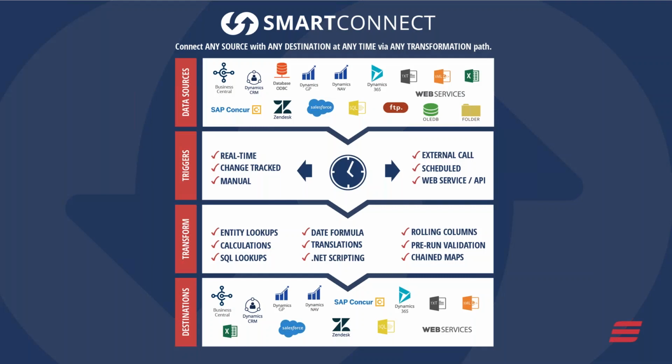You can do real-time change tracking or manual, which is deciding whether this is fully automated or whether a user is involved. On the right side, the external call, the scheduler, or the web service, we can set that up to run either through your own custom code or within the SmartConnect interface by setting up the scheduler.